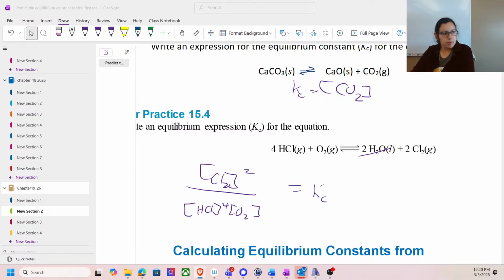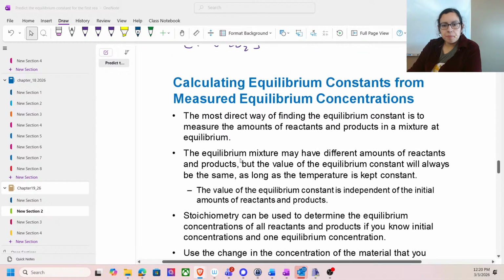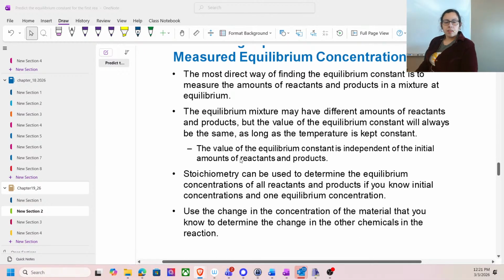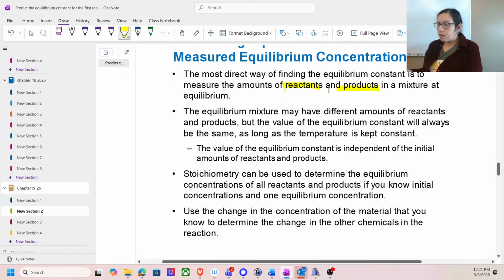Questions? All right, feeling good about this. Now we're going to keep getting into the math. This is what our lab is going to get into: the most direct way of finding our equilibrium constant is to measure our amounts of reactants and products. This starts to depend on what we can actually detect.